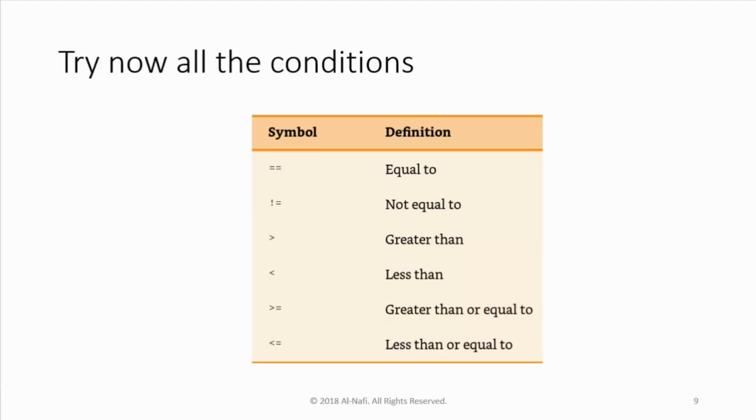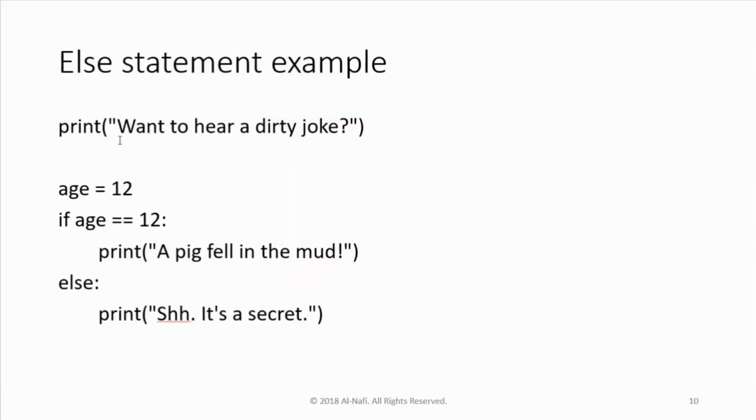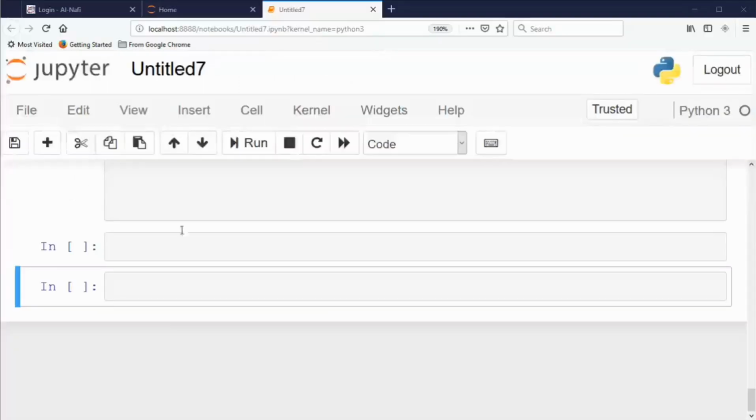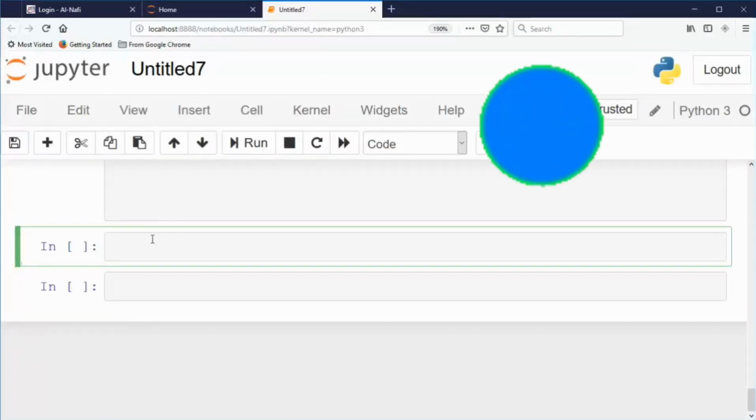Age 12, a pig fell in the mud. Shh, it's a secret. Now this is a very good program. Let me demonstrate this in Jupyter inshallah to you. So let's try this inshallah.